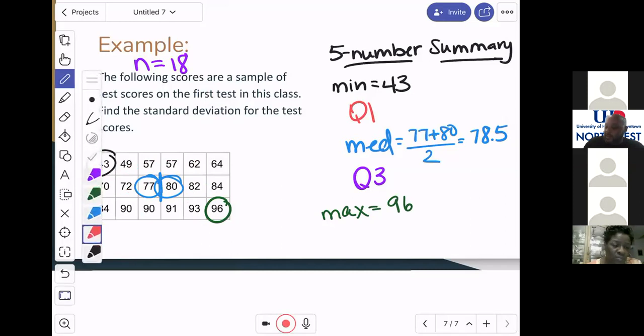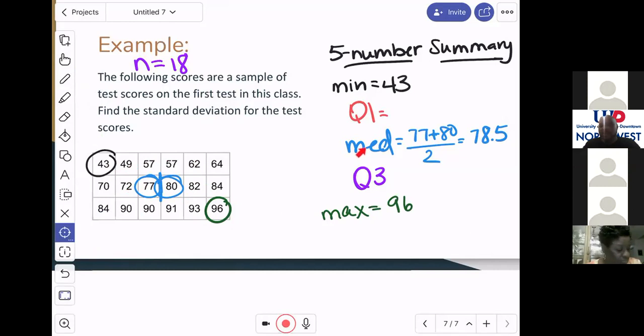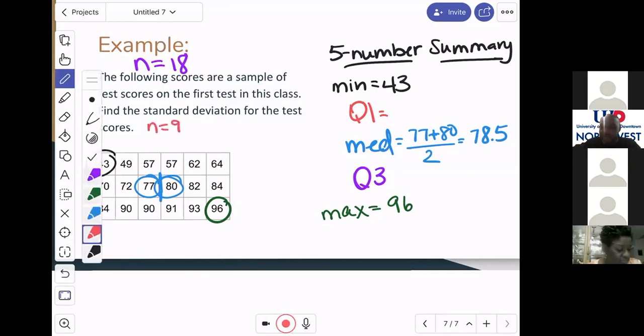Now, the next step to find Q1, you just look at the lower half of the data. Q1 is the 25th percentile, right? It cuts the data at 25%, but 25 is half of the median. So all it is is the median of the lower half. On this side, we know we have 9 values. If I divide 9 by 2, I get 4.5, which is not a whole number, so I'm going to round this up to 5.